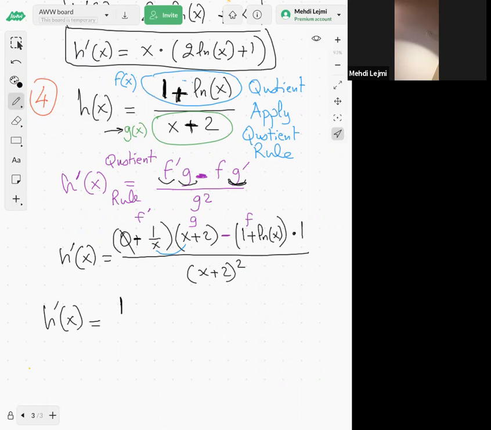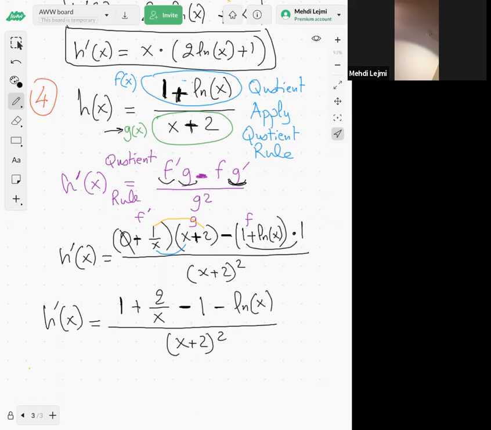There's a plus, and then 2 times 1 over x, so 2 over x. And then there's minus 1 times 1, it's 1, minus 1, and natural log of x times 1 is just natural log of x. So it's minus natural log of x over the x plus 2 squared.